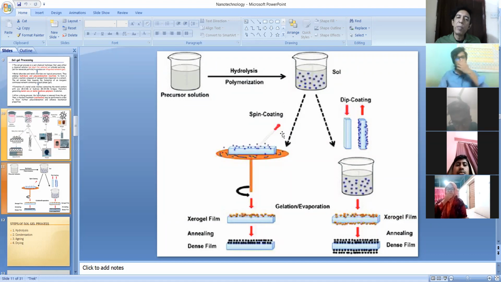But if you spin coat, that means you spray this sol solution onto the substrate, it will move, and one side is coated, a thin film is produced. You see a xerogel film on one side, and here you will find the aerogel film on both sides. It depends on your requirement.